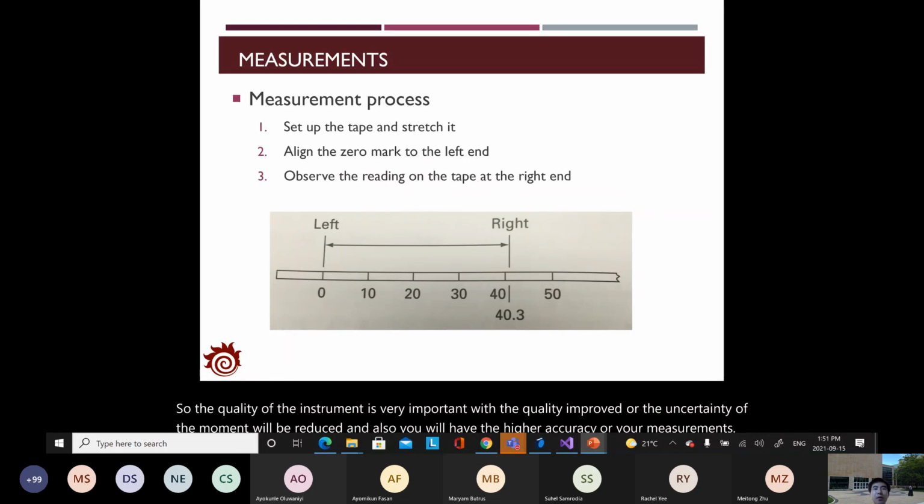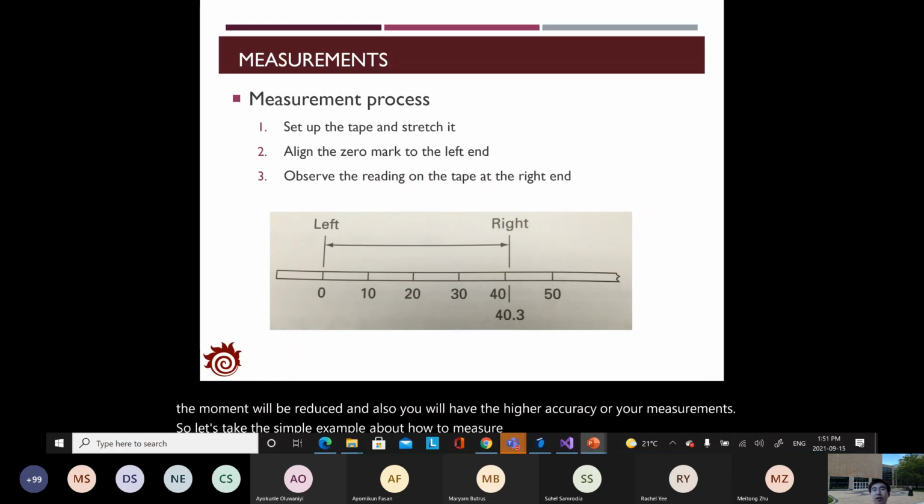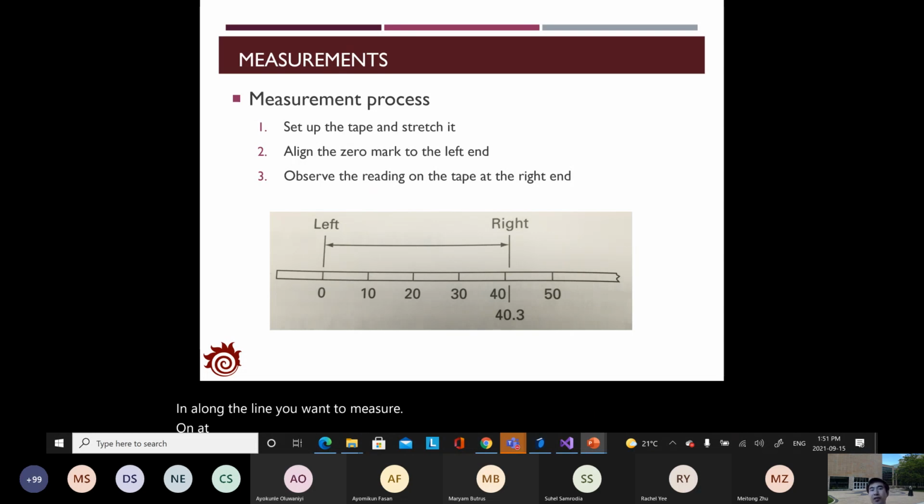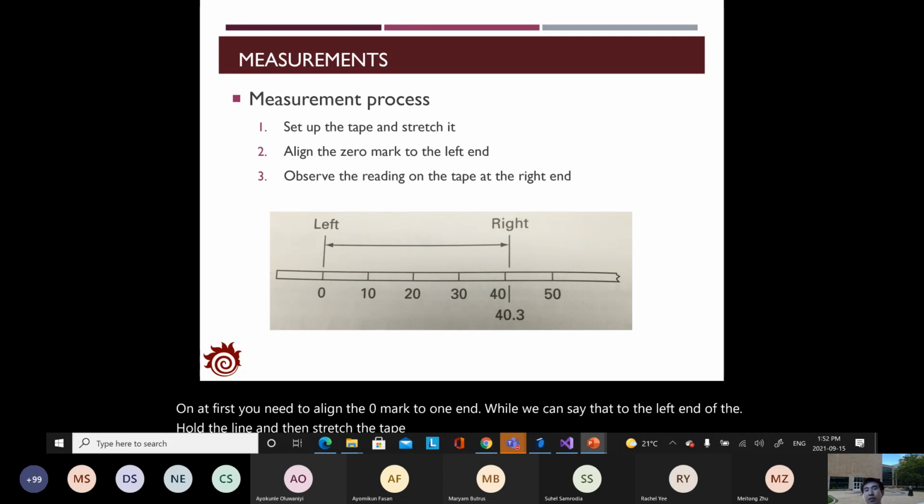So let's take a simple example about how to measure a distance. This process is very simple. First of all, you need to choose the tape and set up the tape along the line you want to measure. At first, you need to align the 0 mark to one end, say the left end of the line, and then stretch the tape until you reach the right end where you want to measure, and then read the scale on the tape.